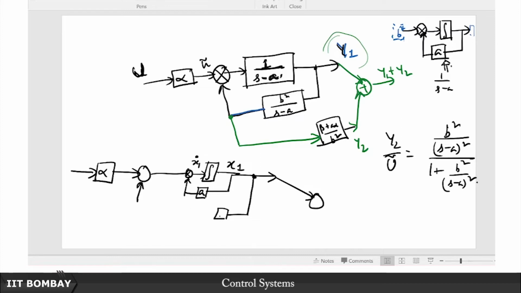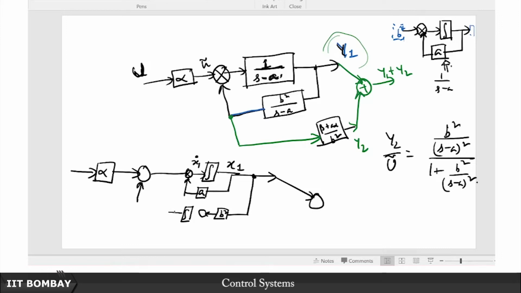And what about this channel going on here? So let me put a b squared here. Then I can put another integrator here, of course in the reverse direction.